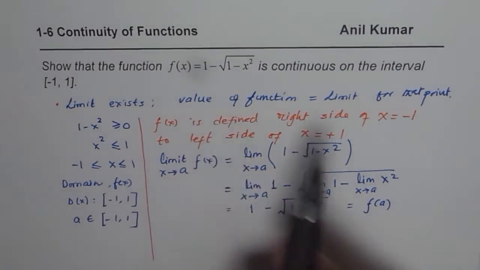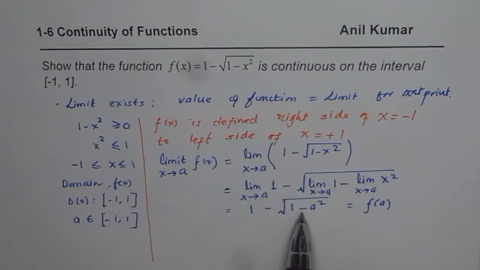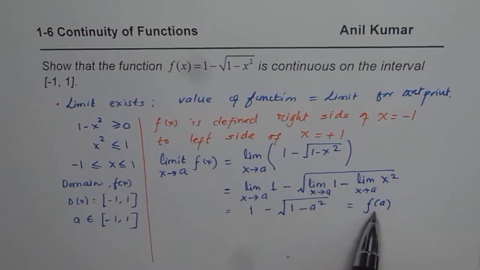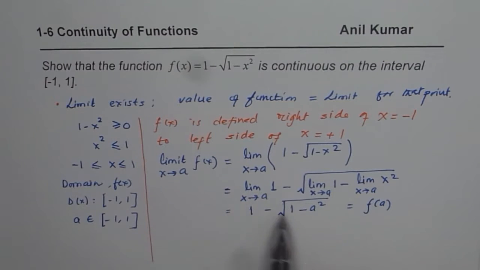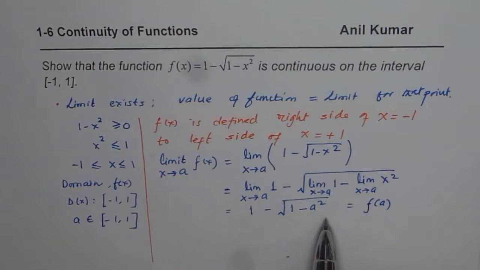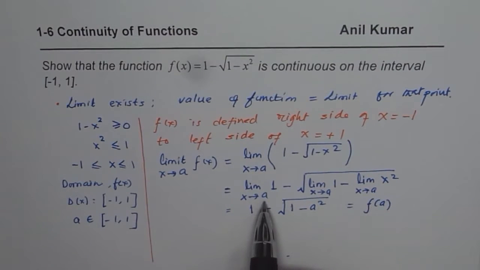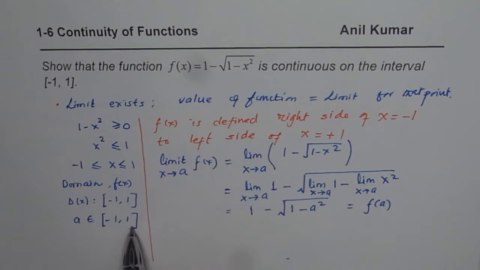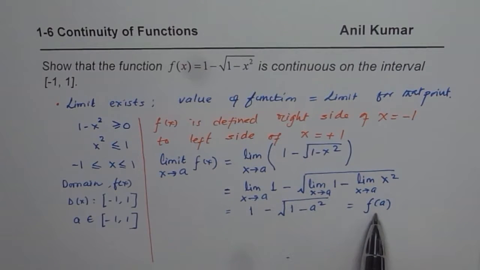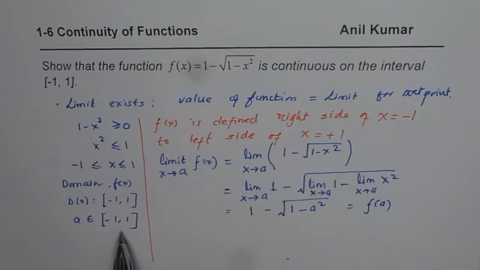If I substitute a for x, I get the same 1 minus square root of 1 minus a square. Now since the limit exists, and it is the same as the value of the function for any value a in the given interval, we know that the function is continuous between this interval, right?